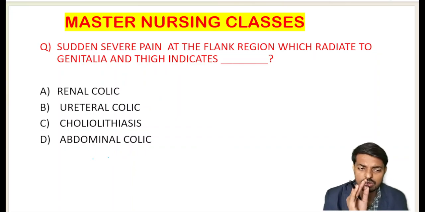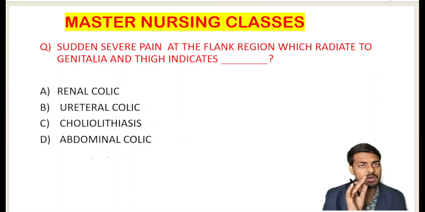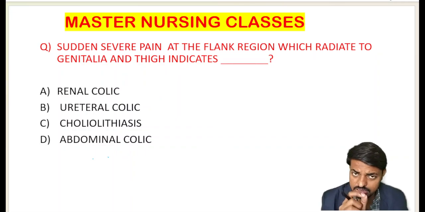We also have pain due to stones in the gallbladder, a characteristic pain that we need to assess and identify. It is very important and will be asked in exams. This concept will definitely come in your exam.